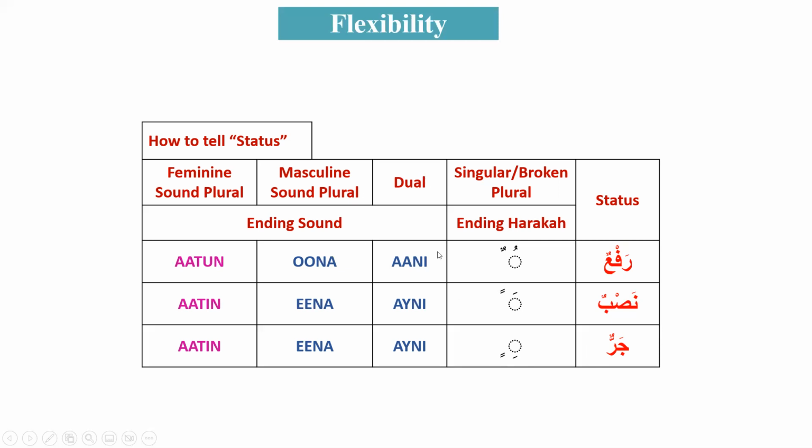And you know about dual, masculine sound plural, and feminine sound plural, the ending sounds: ani, aini, aini, una, ina, ina, atun, atin, or atin. I just want to show you this to remind you of this table.